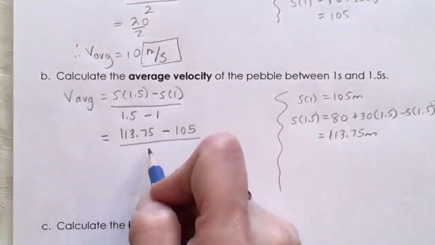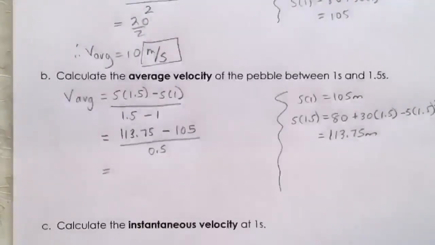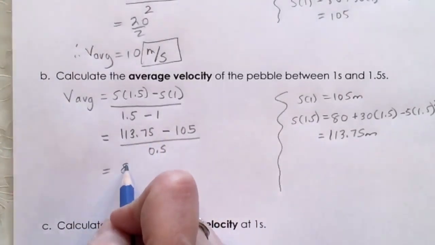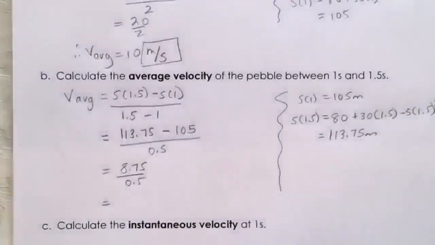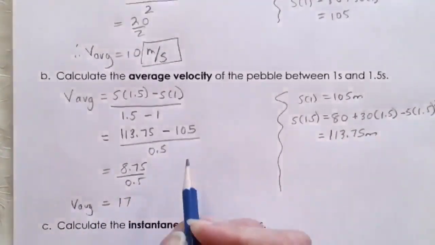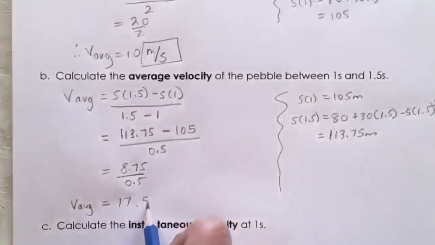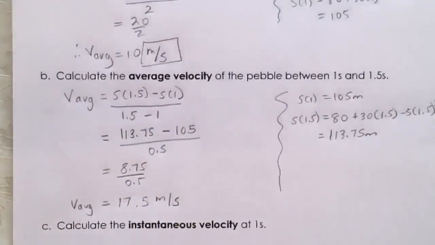And then 1.5 minus 1 is 0.5. So that's 8.75 over 0.5, which gives you 17.5. So now V average over that time interval is 17.5. And then again, you need units, meters per second.